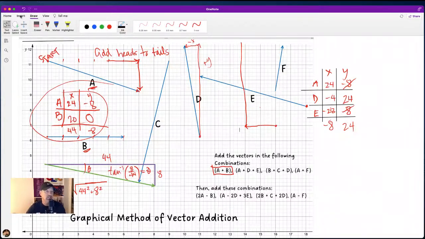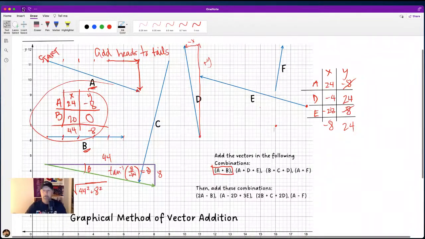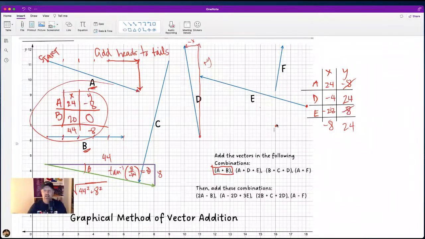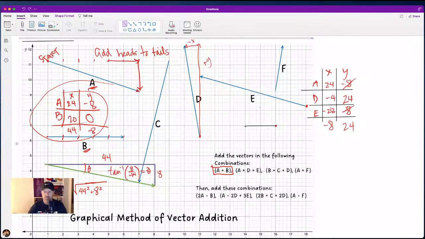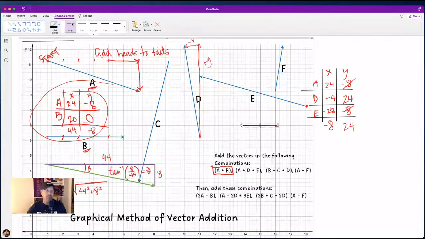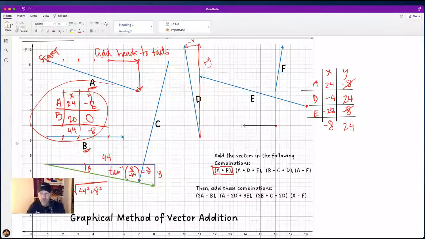Let me see if I can erase that. Okay, so it would be this, and so -8, and then +24. Let's make that a little bit shorter.